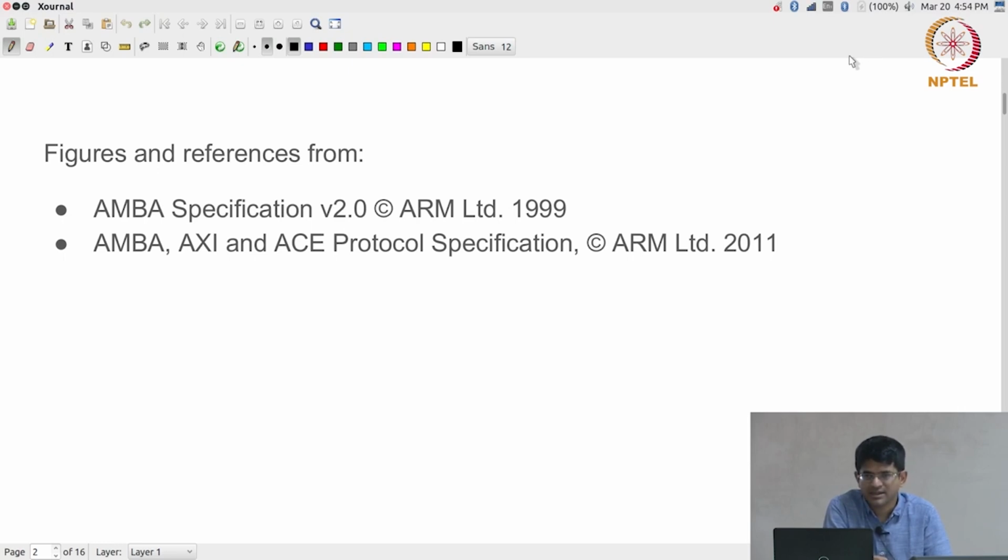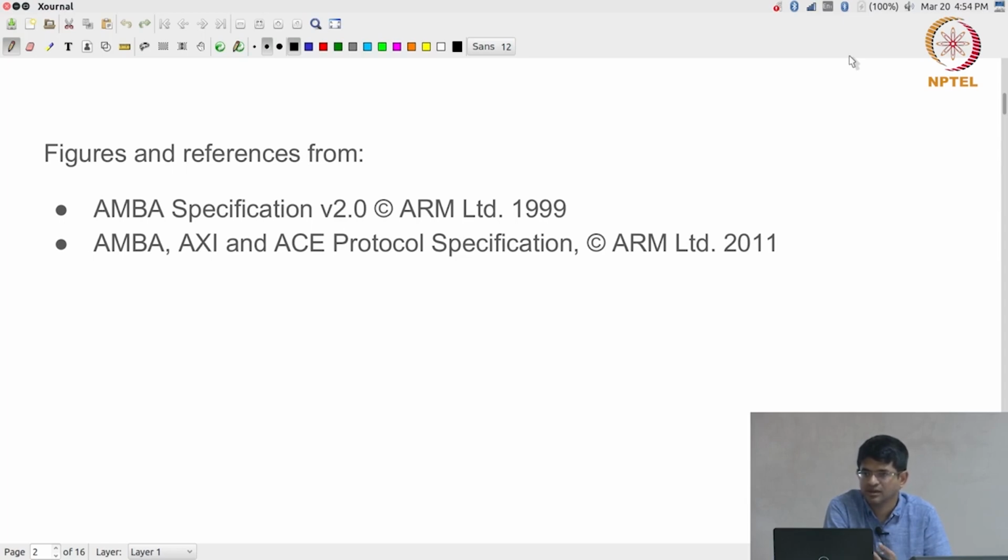And AMBA is what ARM first proposed for their system buses, right? Version 2.0 was in use for a very long time. It gave rise to a couple of different variants called the AMBA High Performance Bus, or AHB, and the AMBA Peripheral Bus, APB, right?